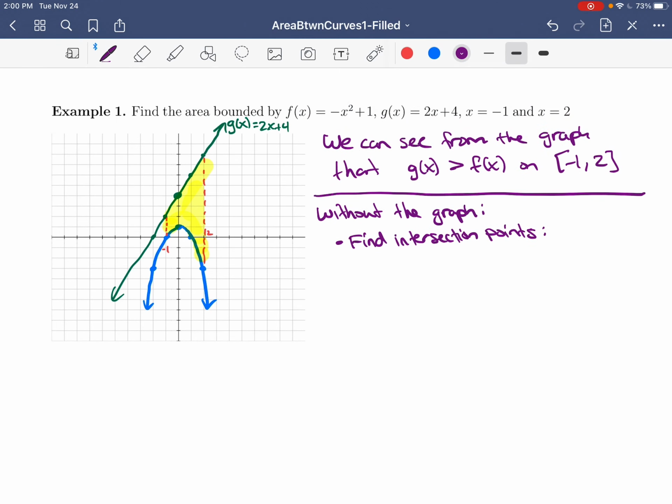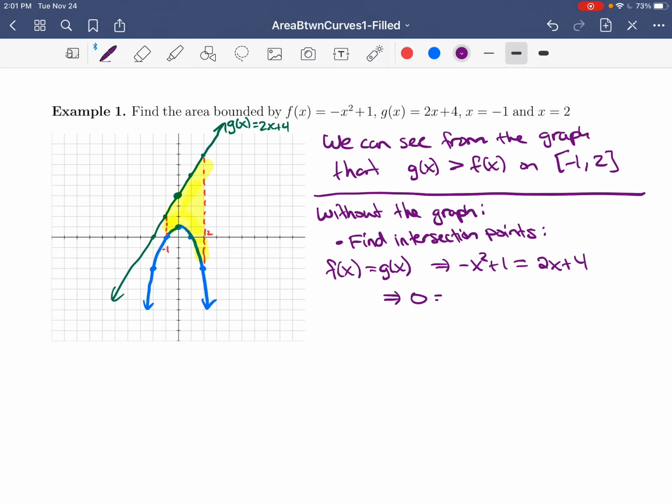That's because that's where it could switch from one being bigger than the other. So those are the points we're going to use. What you do is you set the functions equal to each other: negative x squared plus 1 is equal to 2x plus 4. Then I want to solve for x.